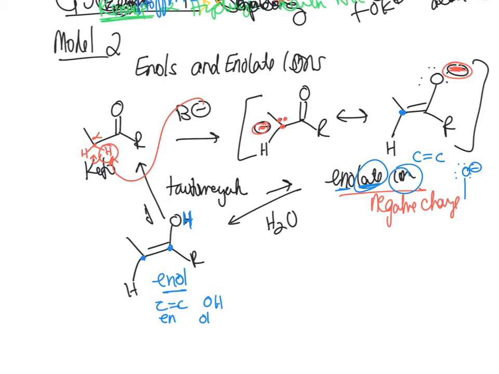Or to go to the enol, this oxygen basically takes the hydrogen and then those electrons go there to make the enol. So it's the alpha hydrogen. Is base used to form the enolate? Yes. Is base used to form the enol? And the answer is no.